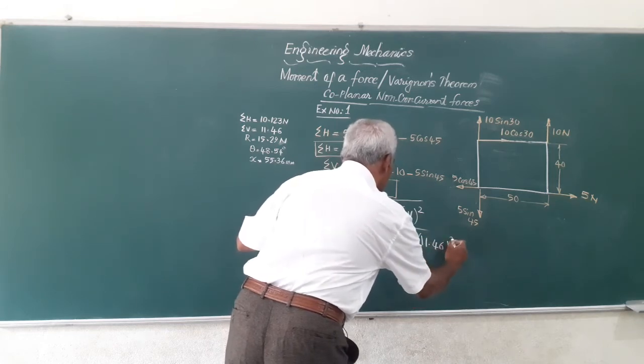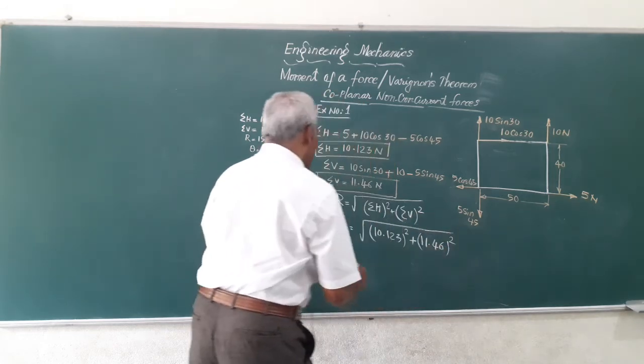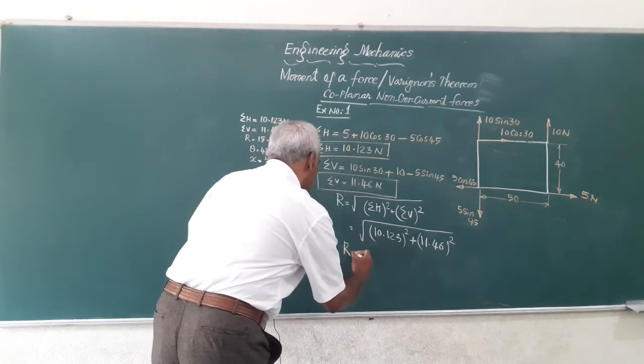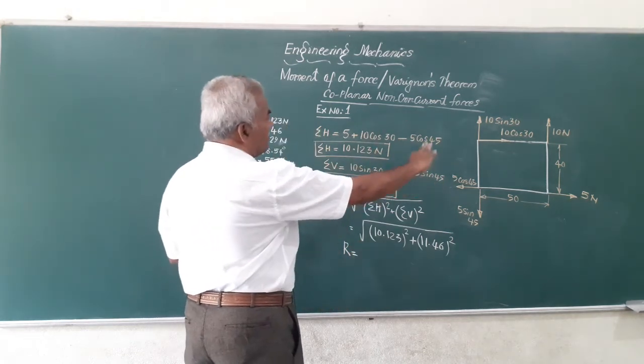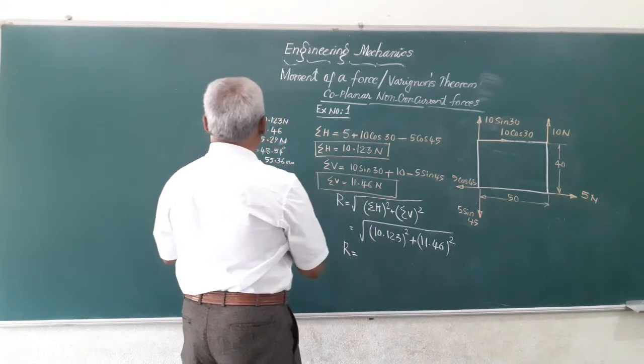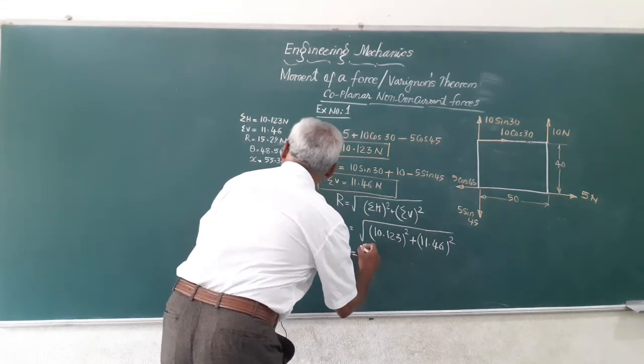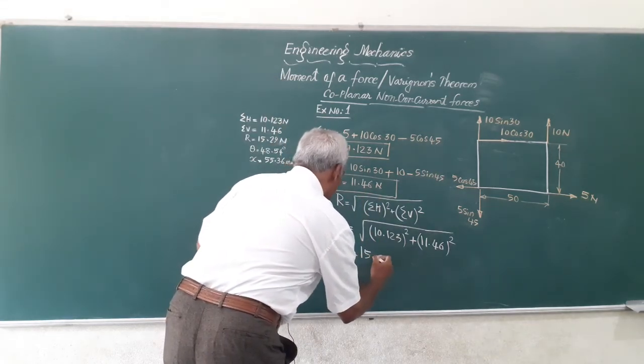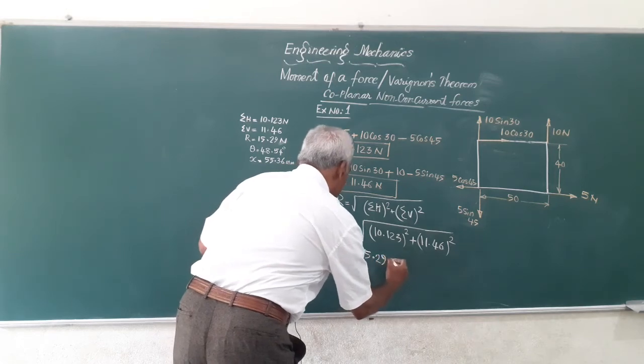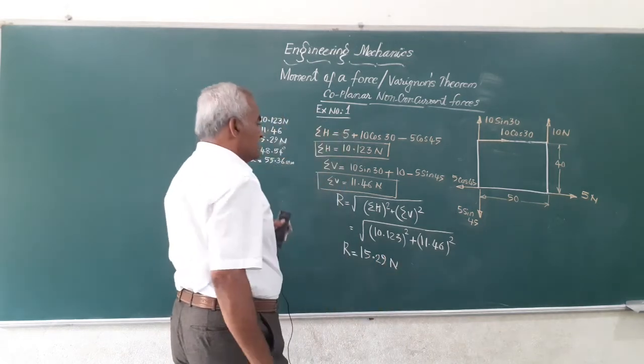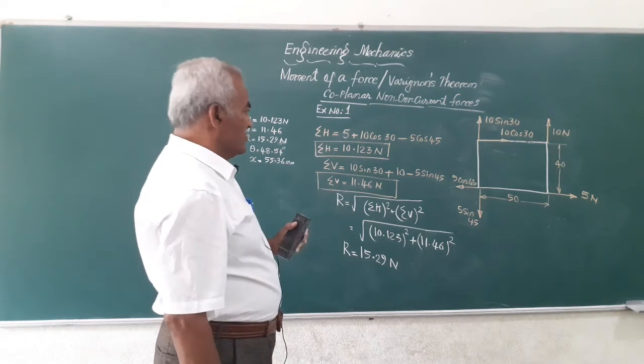Friends, if you calculate, you get R, the resultant of all these four forces put together, equal to 15.29 Newton, because all the forces in this problem are in Newton.